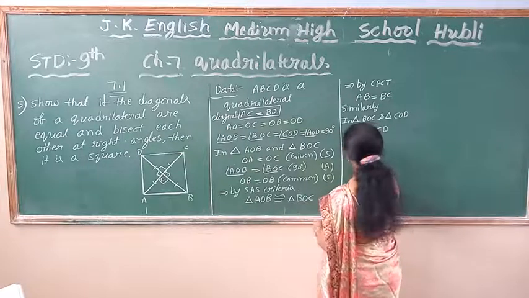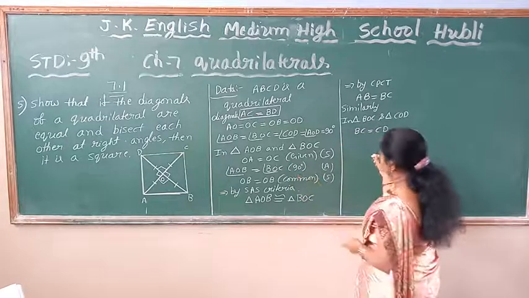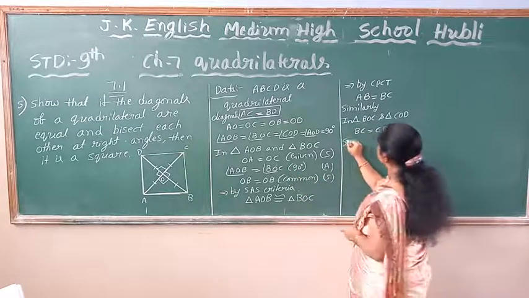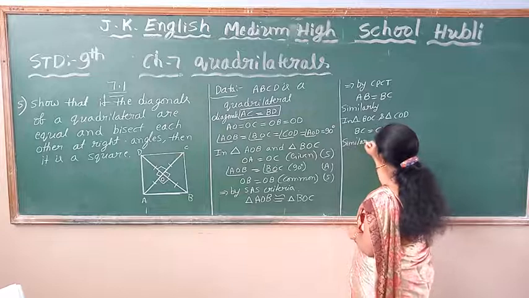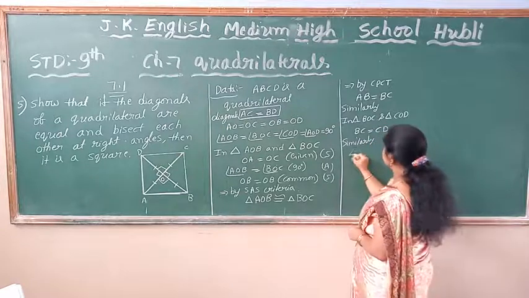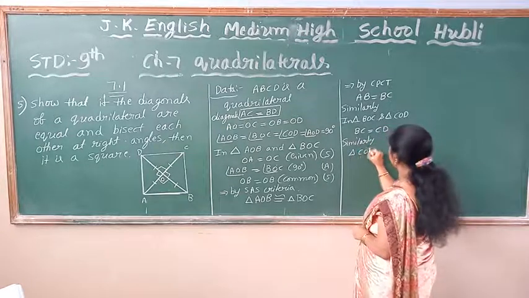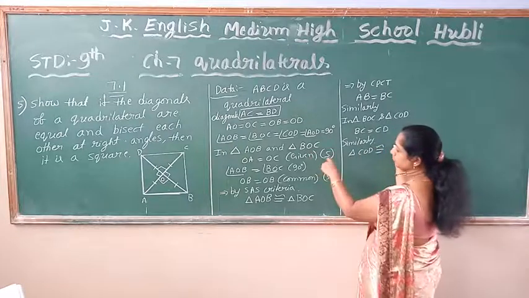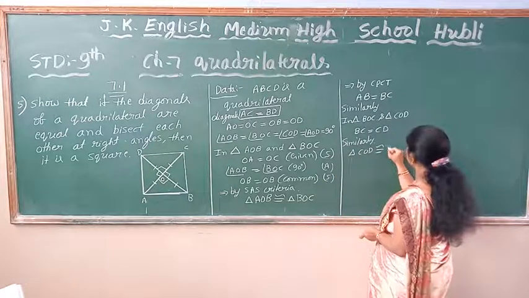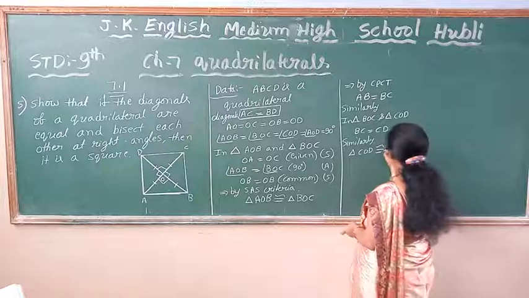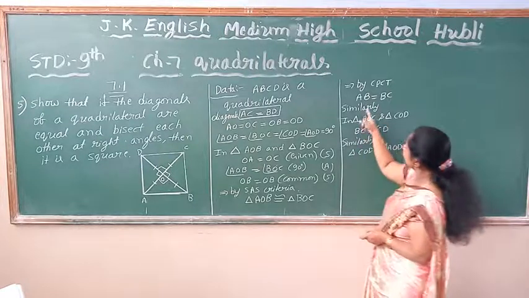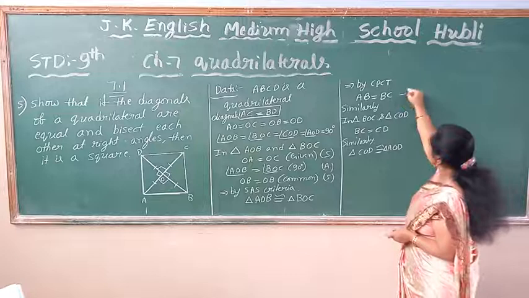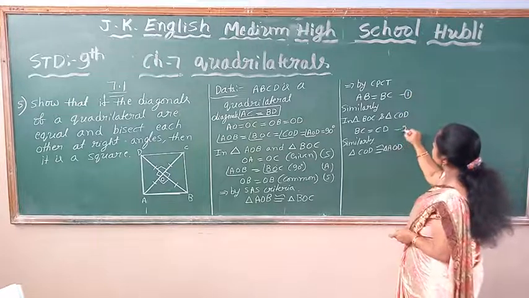Similarly, I can prove CD is equal to AD, as triangle COD is congruent to triangle AOD. So therefore AB is equal to BC and BC is equal to CD.